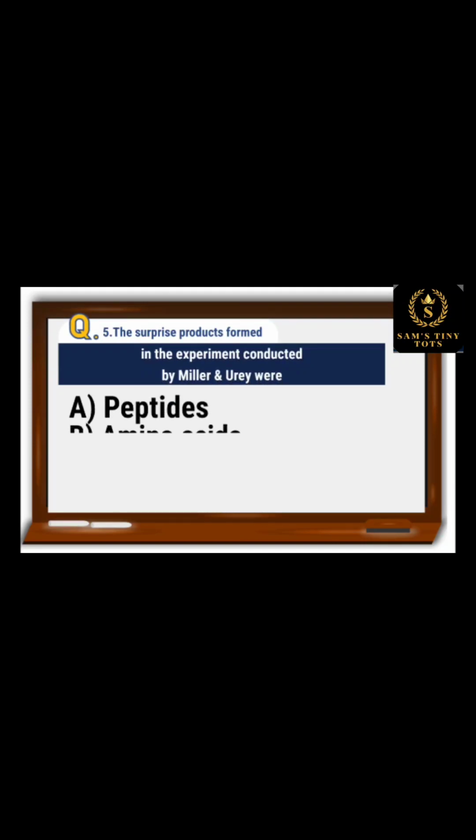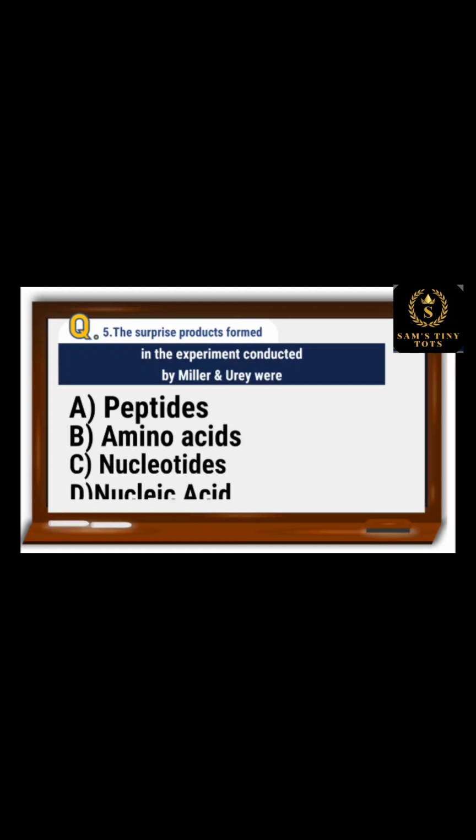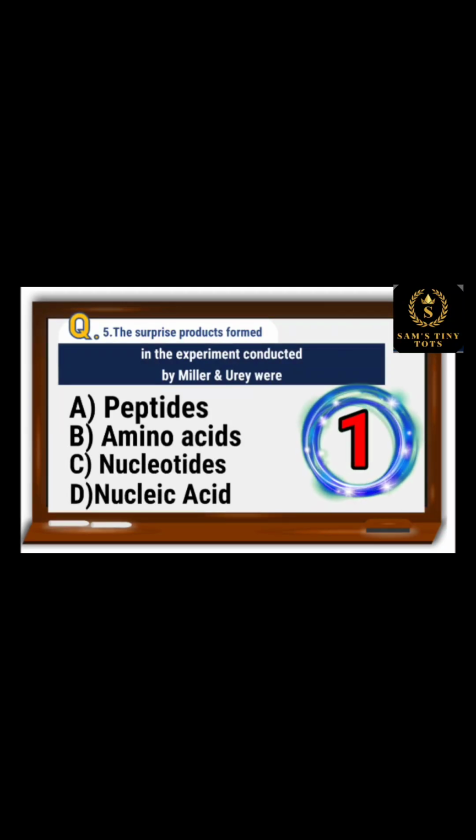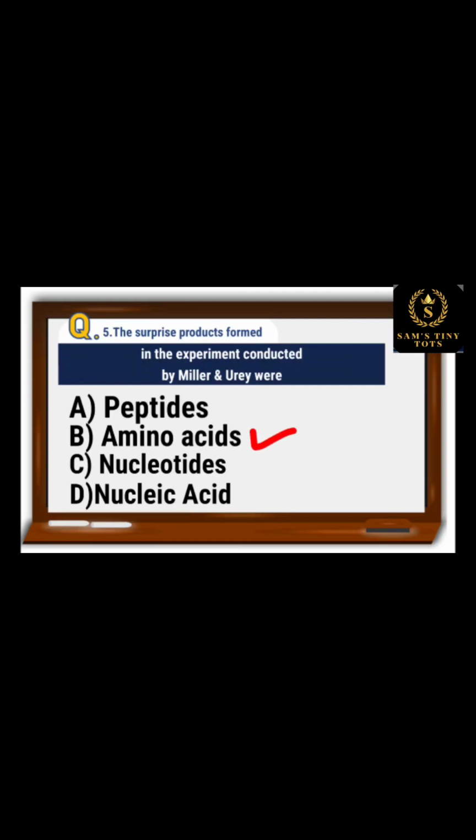5. The surprise products formed in the experiment conducted by Miller and Urey were option A peptides, option B amino acids, option C nucleotides, and option D nucleic acid. And the correct option is option B amino acids. 6.